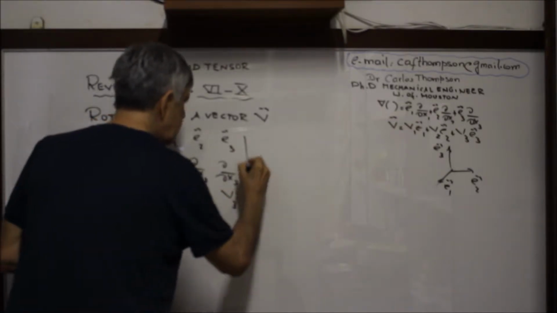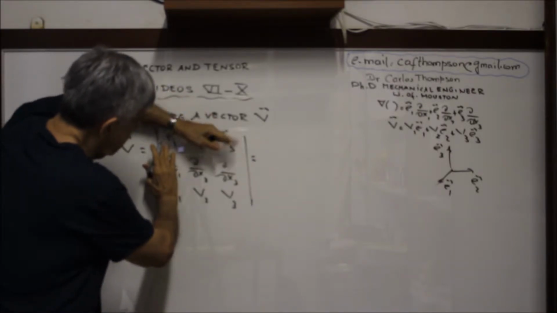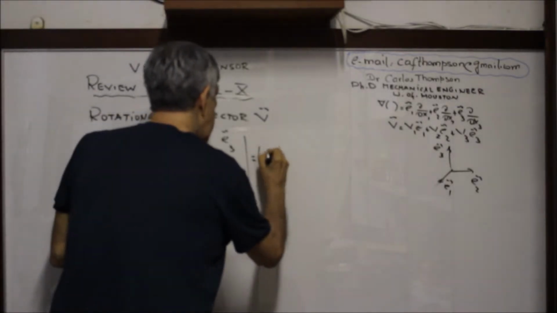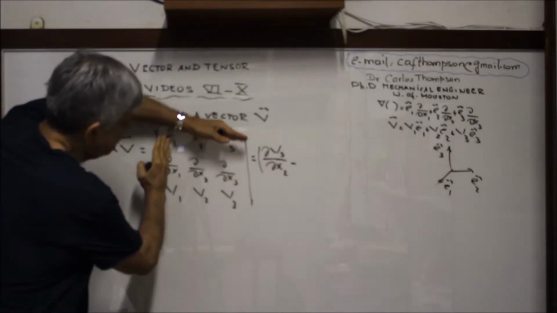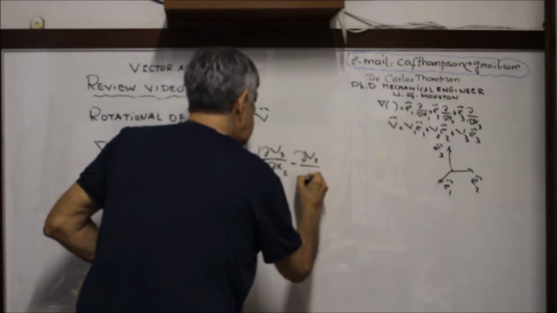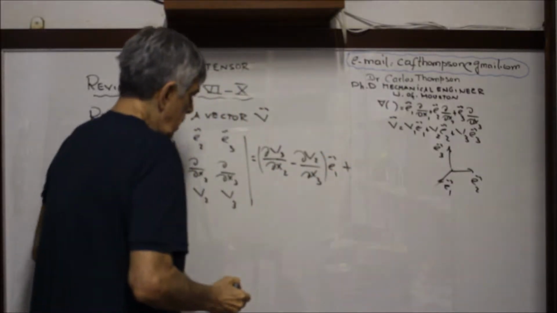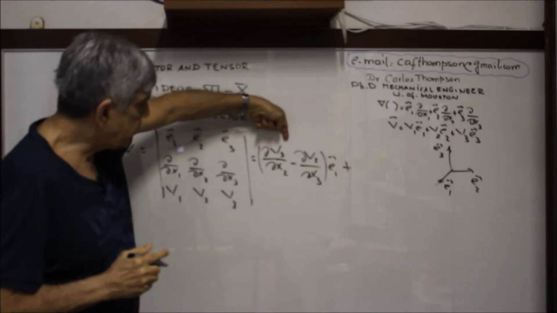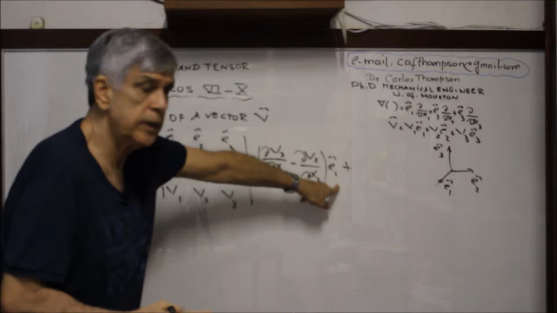Now, this is equal. Now, you see the determinant here, okay, will be E1 times partial of v3 with respect to x2, minus partial of v2 with respect to x3. Plus, as I said before, this is cyclic. After 3 is 1, after 2 is 3, you see, E1 will be E2.